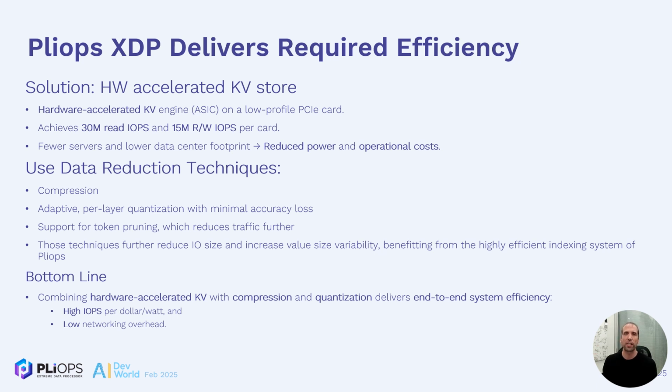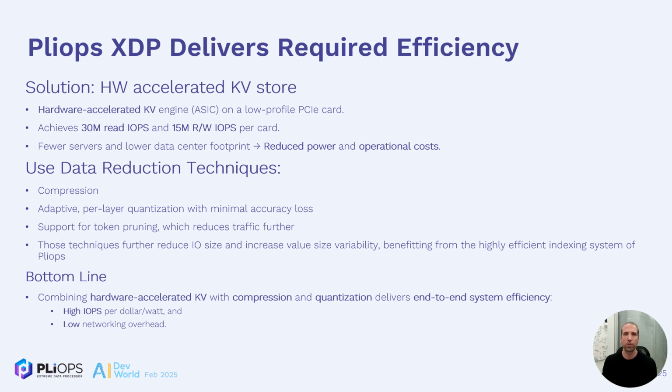It provides a hardware-accelerated key-value engine built on a dedicated ASIC, composed in a low-profile PCIe card. This product enables extreme performance, achieving 30 million read IOPS and 15 million read-write mixed IOPS per card, and we have multiple cards per system.